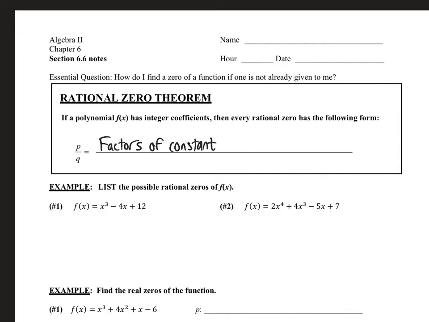This will all make sense when we go through an actual example. Factors of the constant term, with no variables. Constants have no variables. And Q is going to be the factors of the leading coefficient.